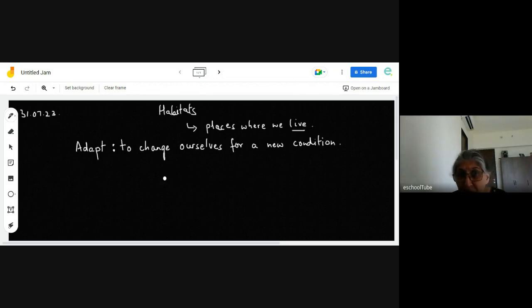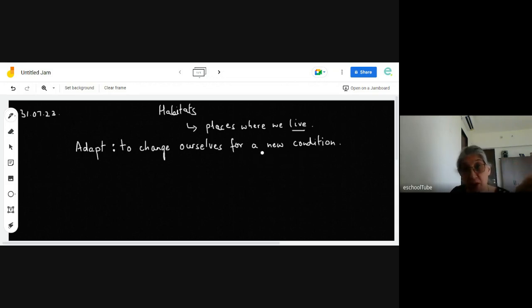So we have to adapt to whatever new condition. It could be related to climate. It could be related to our circumstances. First, we are staying with our parents, then we go out to college, stay in a hostel. So, a new condition, and we adapt to that condition.